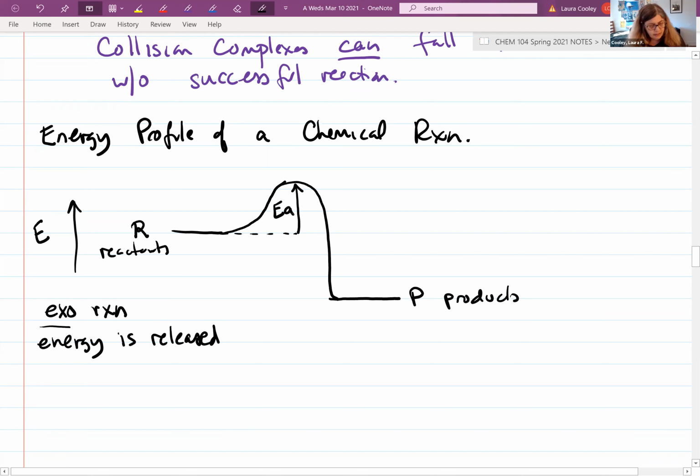So, you might ask, why can't the system just start here and go down here? Why can't the reactants take this route? Why does it have to go over this bump? Why is there a bump?